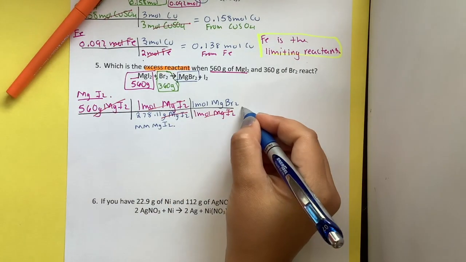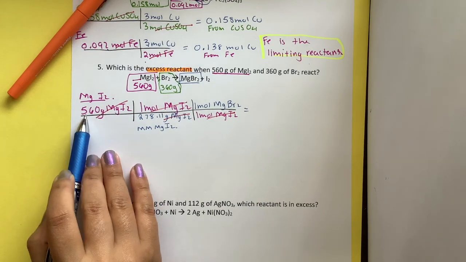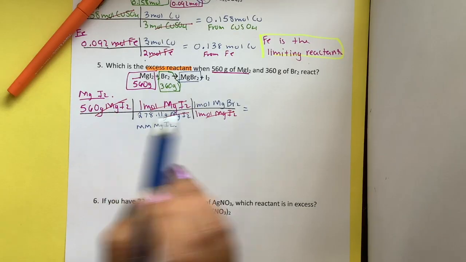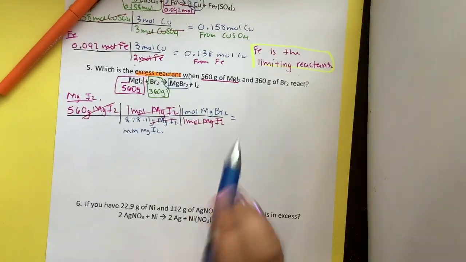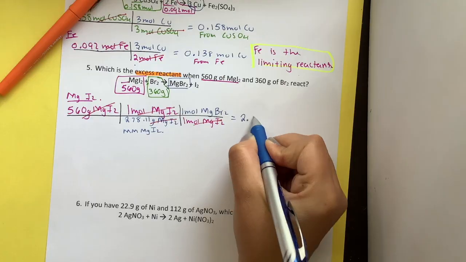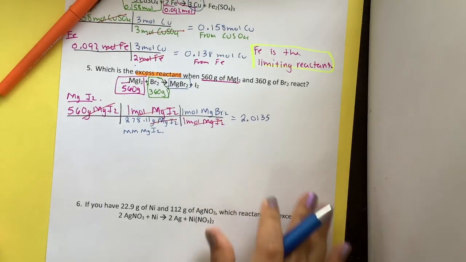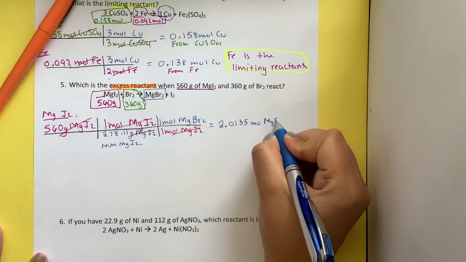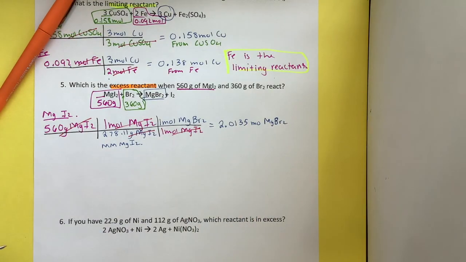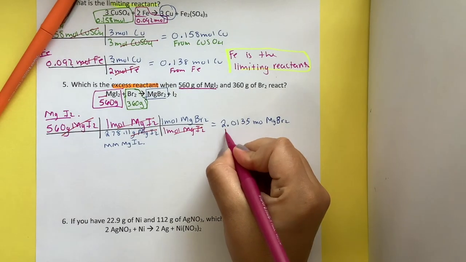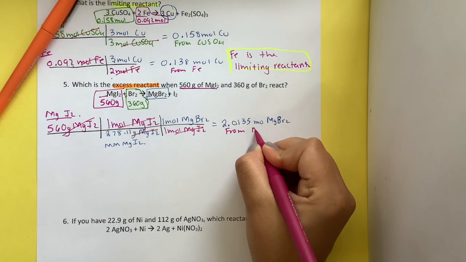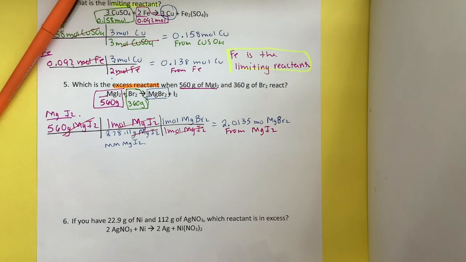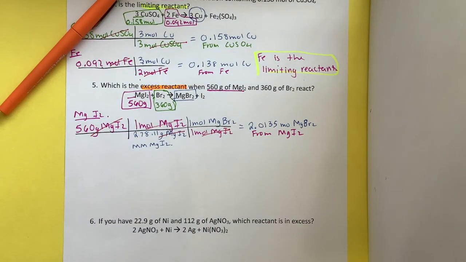So now I'm going to get my calculator, get 560 divided by 278.11 times 1 divided by 1, and it gives me 2.0135 moles of MgBr2. And this is from my reactant magnesium iodide.